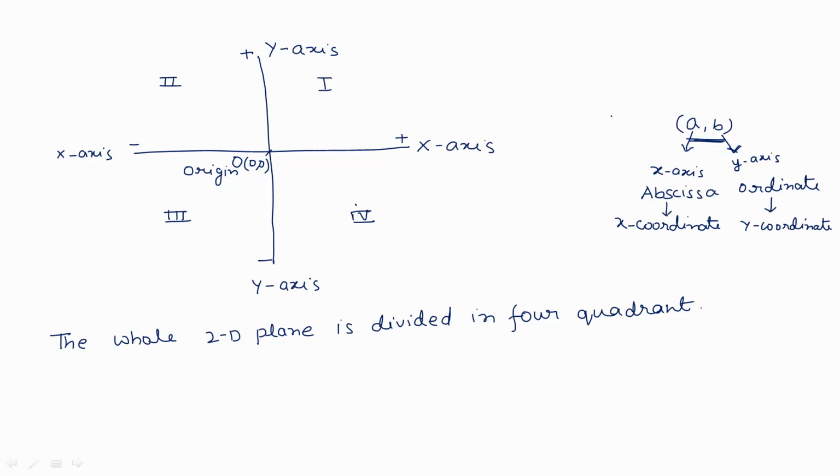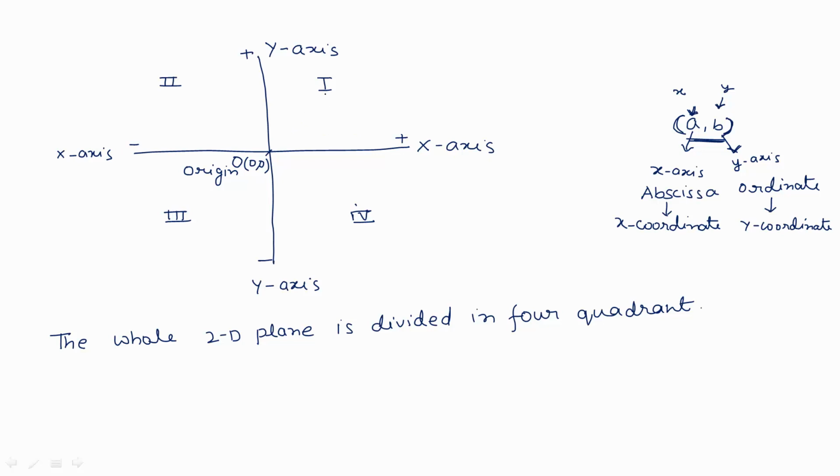So obviously a point has two different values, in which the first value is taken from x and the second value is taken from y. So using this method we will find the sign of all 4 quadrants.